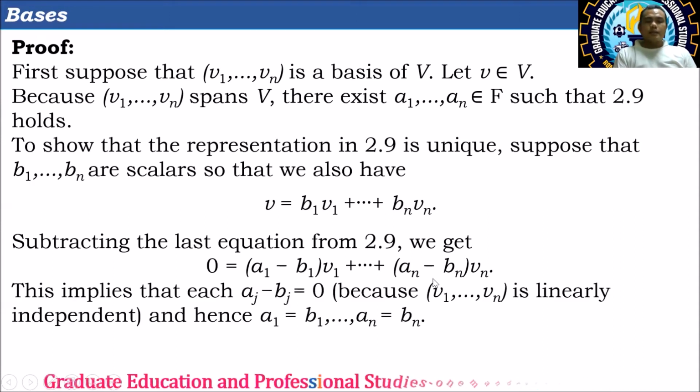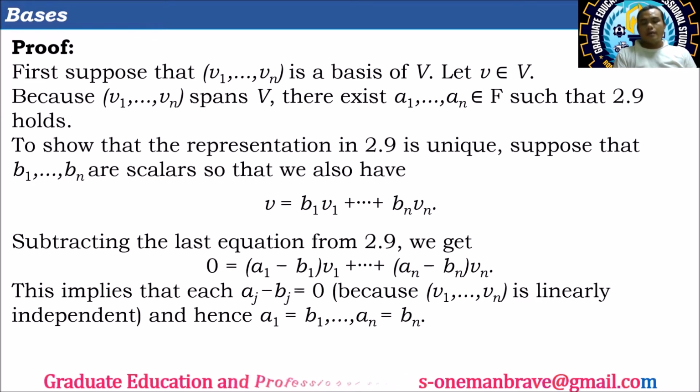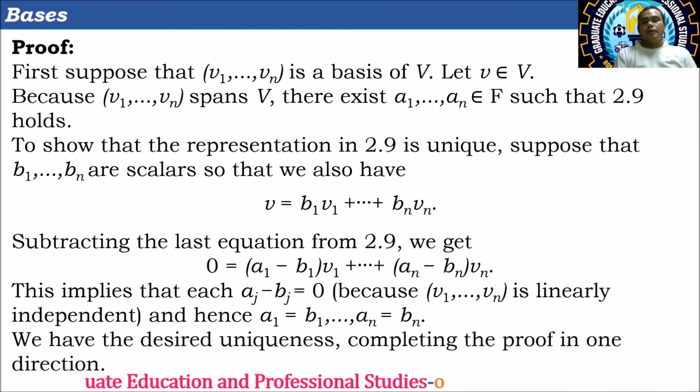This implies that each aj - bj is equal to 0, because v1, ..., vn is linearly independent. And hence a1 = b1, ..., an = bn are all equal. So that's what it implies. So we have the desired uniqueness, completing the proof in one direction.